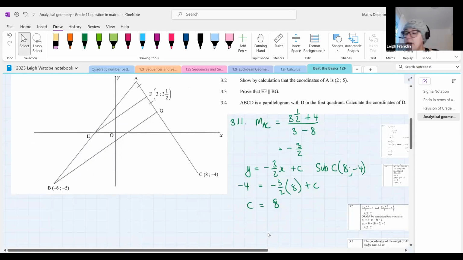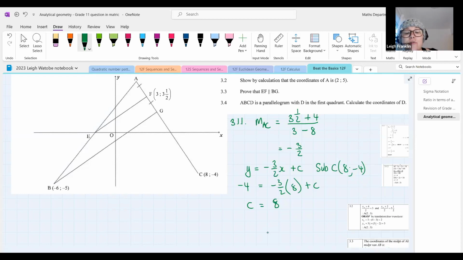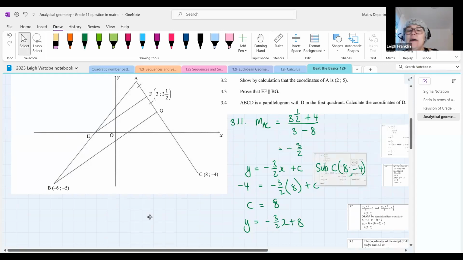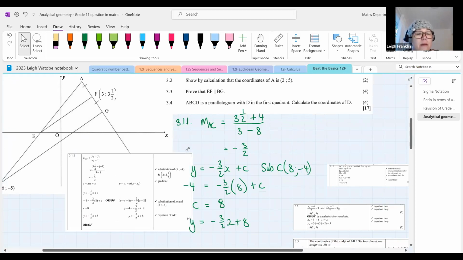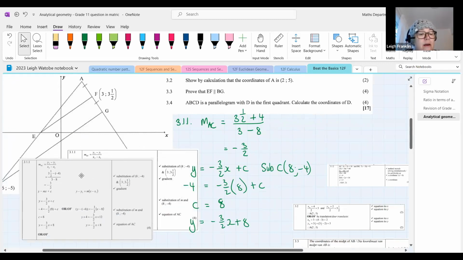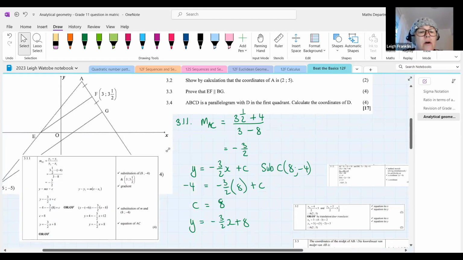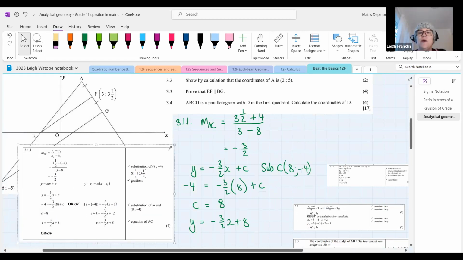Okay, so that means that the equation of line AC, you should have y equals -3/2x plus 8. There is their memo as well, if you guys can see that very quickly. Okay, they've done exactly the same as us.